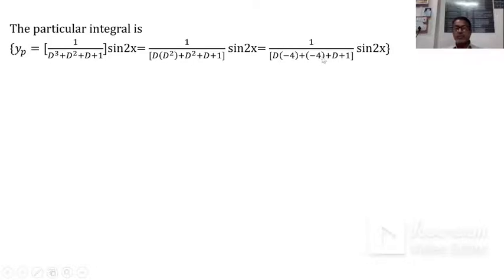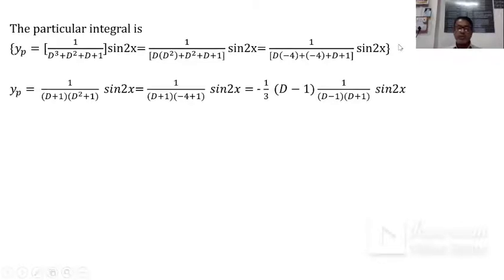Again here D square is minus 4, plus D plus 1 operate on this. After simplification, minus 4 and plus 1 is minus 3, and minus 4D plus D is minus 3D, means we obtain 1 upon minus 3D minus 3 operate on sin 2x.